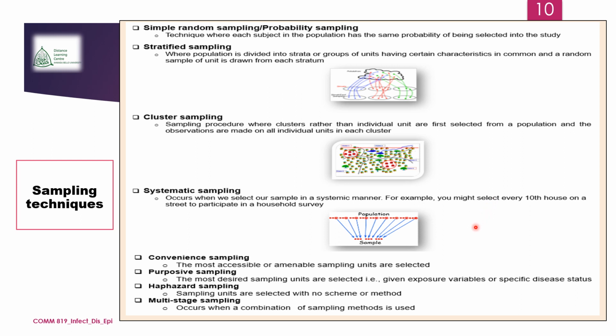For instance, every second person that enters the hospital. So when the first person comes in, you ignore him. When the second patient comes in, he becomes your sample. Fourth patient, sixth, eighth, 10th, 12th, until you get your target.